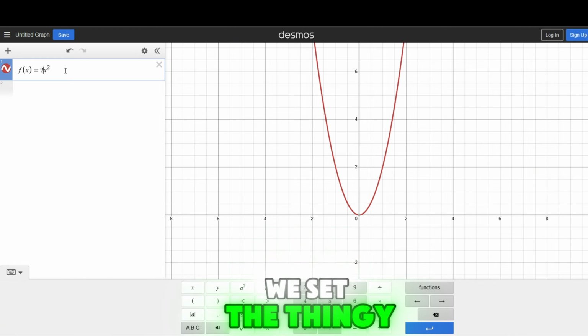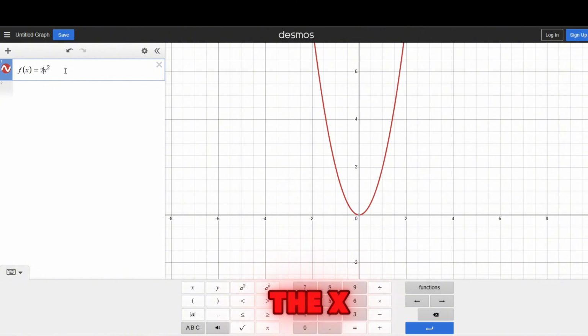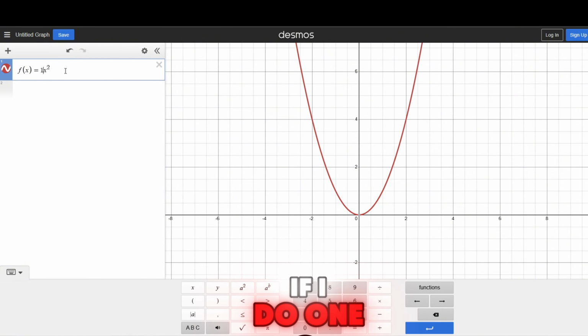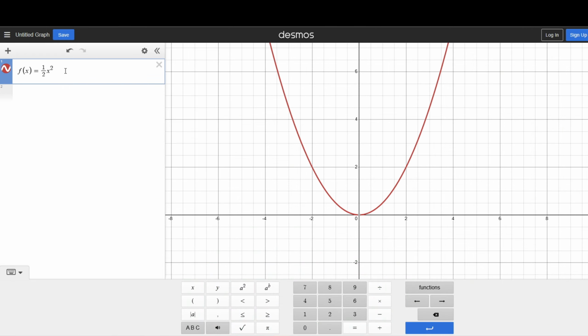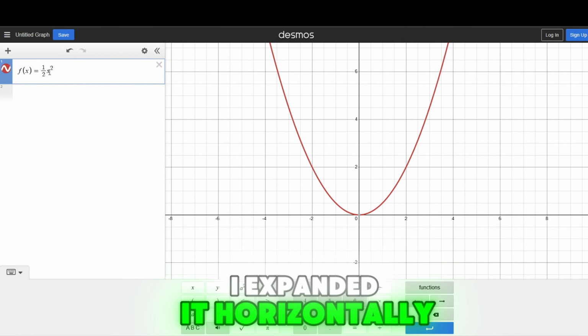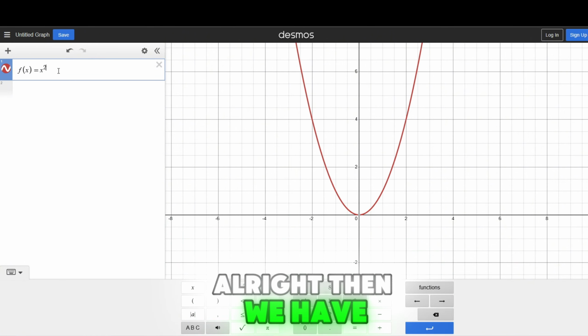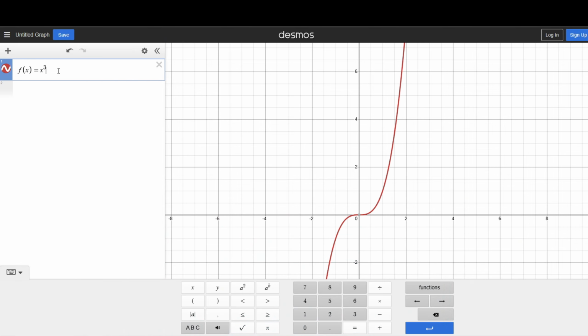We set the value right next to the x, which compresses it. But if I do 1 half, I expanded it horizontally. Alright, then we have the one and only cubic function.